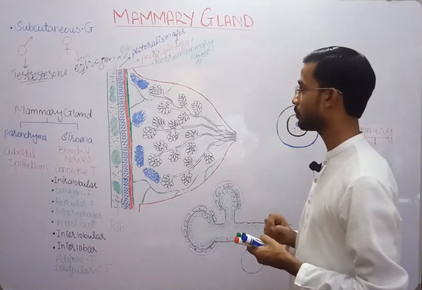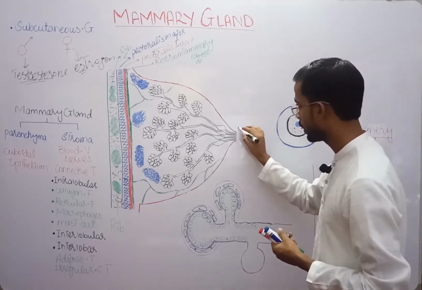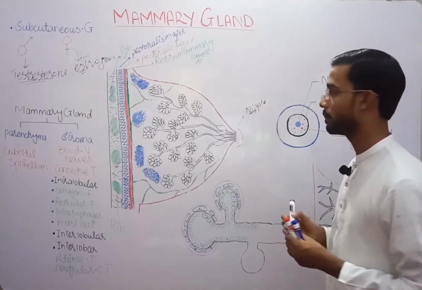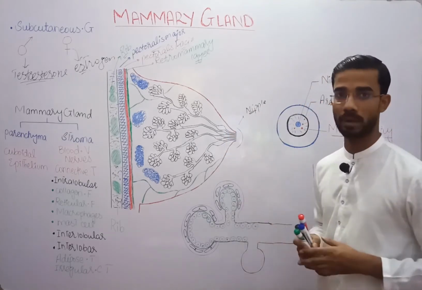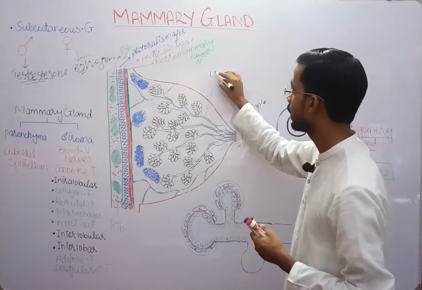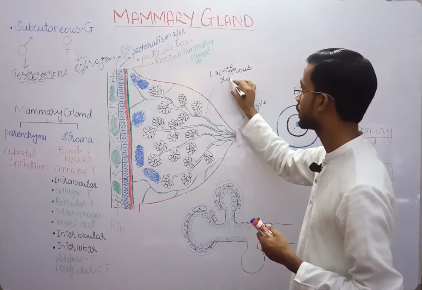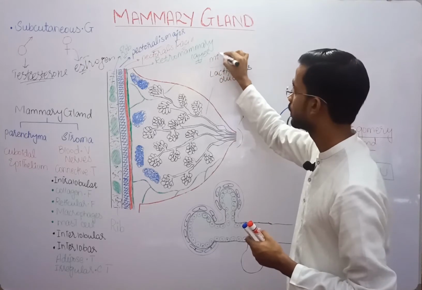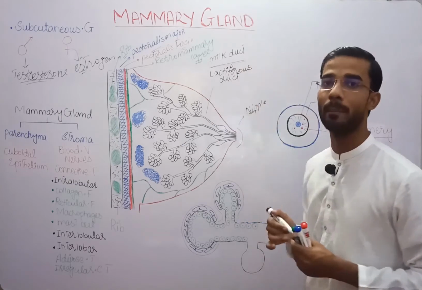Here you can see the structure of the breast. Here is the nipple of the breast, and different tube-like structures derive from it. These tube-like structures are called lactiferous ducts, or you can say milk ducts or mammary ducts.